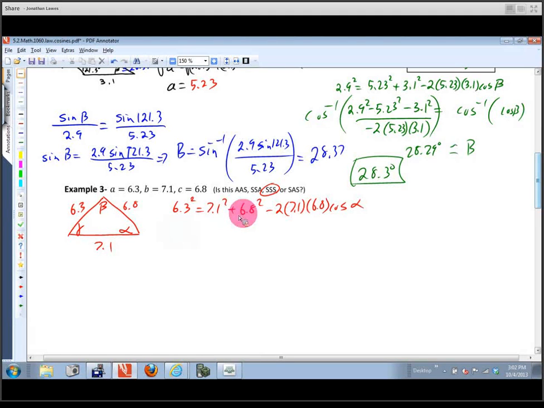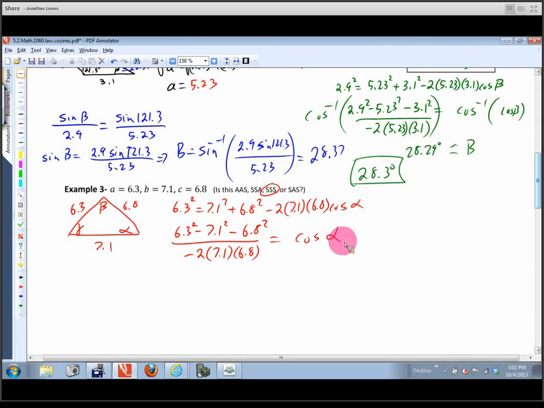As I move these two around, I get 6.3 squared minus 7.1 squared minus 6.8 squared. And then I'm going to be dividing by this stuff right here. So that's going to be minus 2 times 7.1 times 6.8. And over here, I would have cosine of alpha.